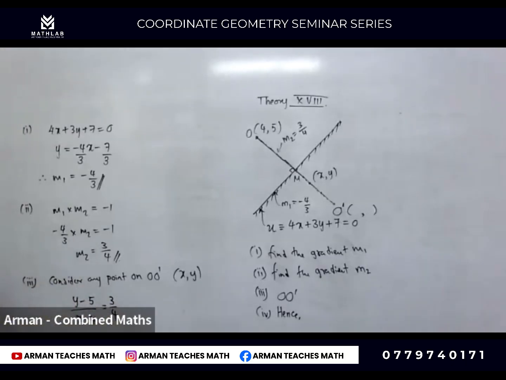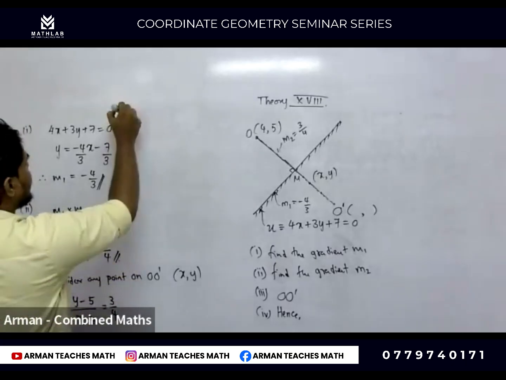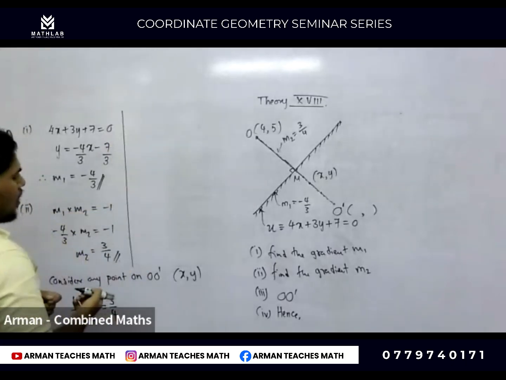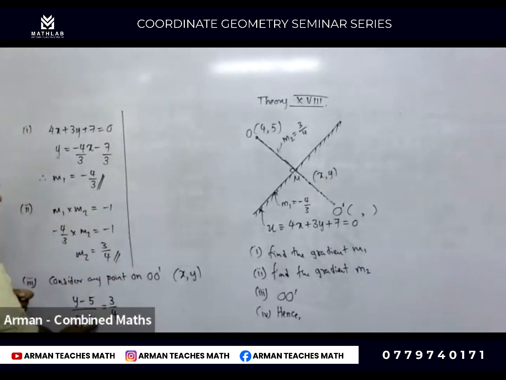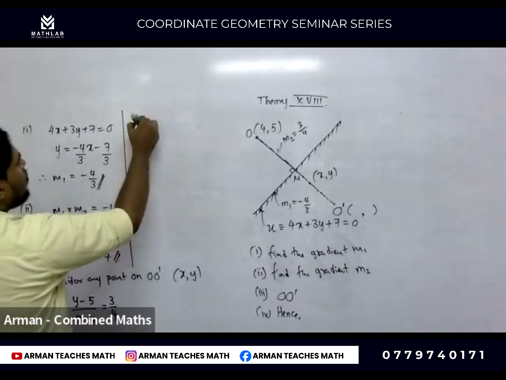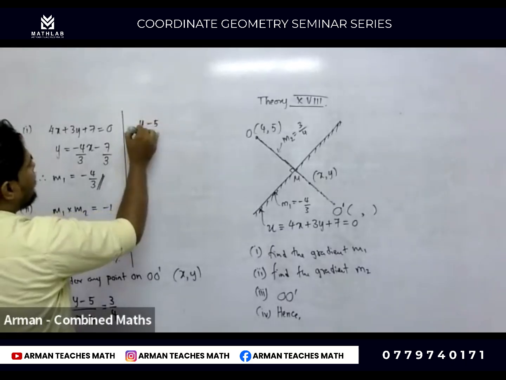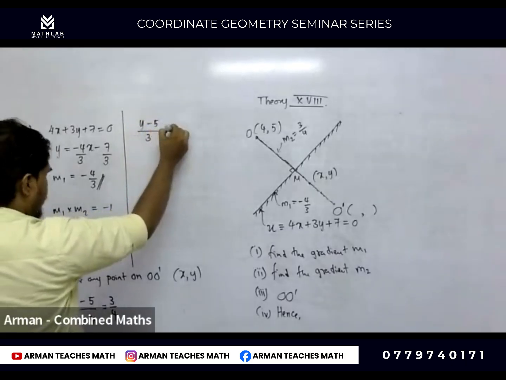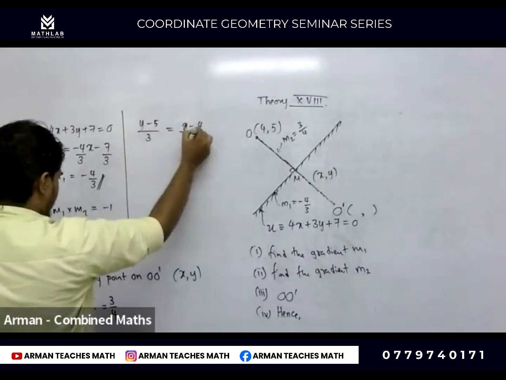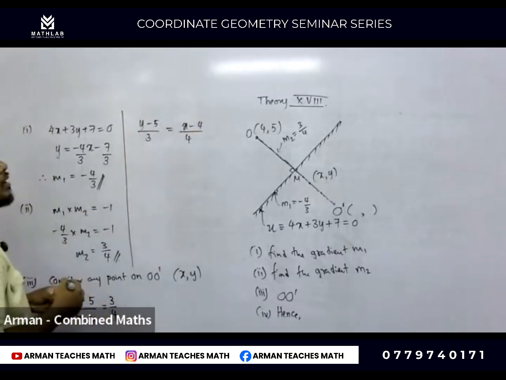Now, after this step, what did we do? Special cross multiplication. If anyone can recall it, what's the special cross multiplication we did? We just sent this difference of x coordinates to the other side, took this constant here. That's it. Y -5 divided by 3 is equals to x -4 divided by 4.